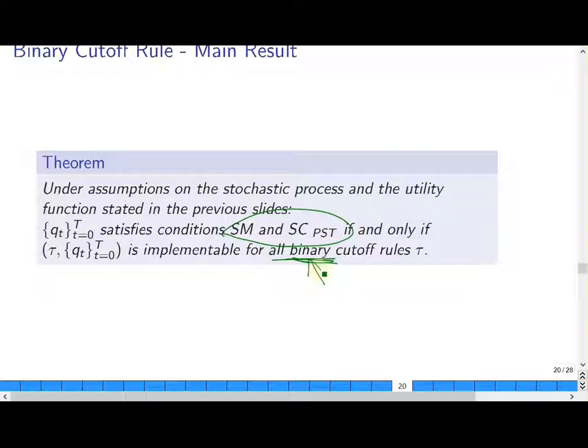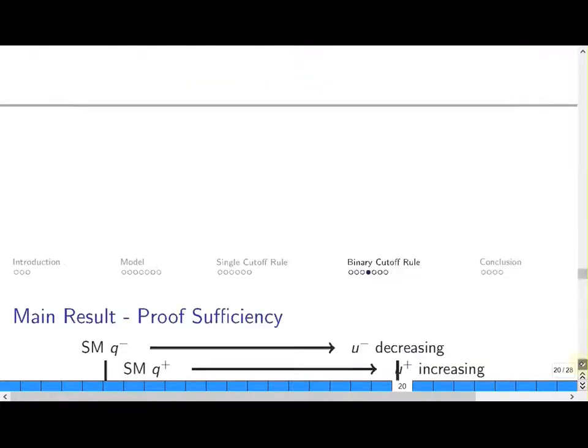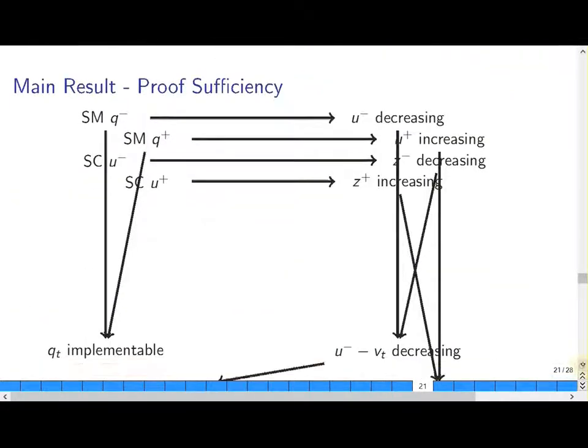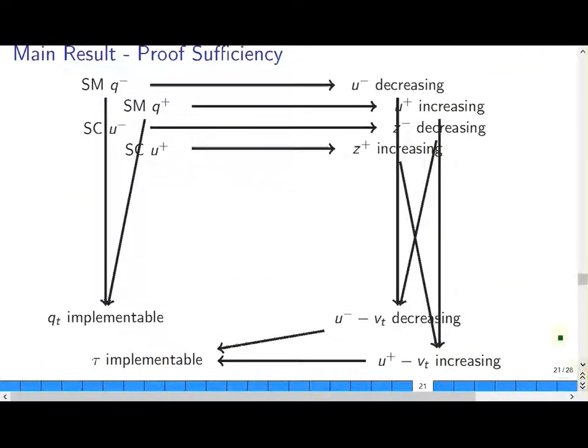So the only thing that's changed is the binary cutoff rule. However, the proof is a bit more complicated because the monotonicity of Z alone would not imply the monotonicity of the difference between the utility function and the value function. So that's the main difficulty.